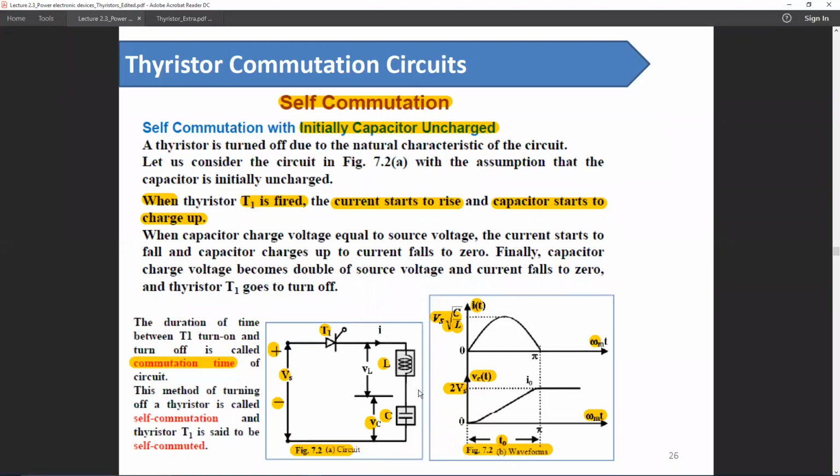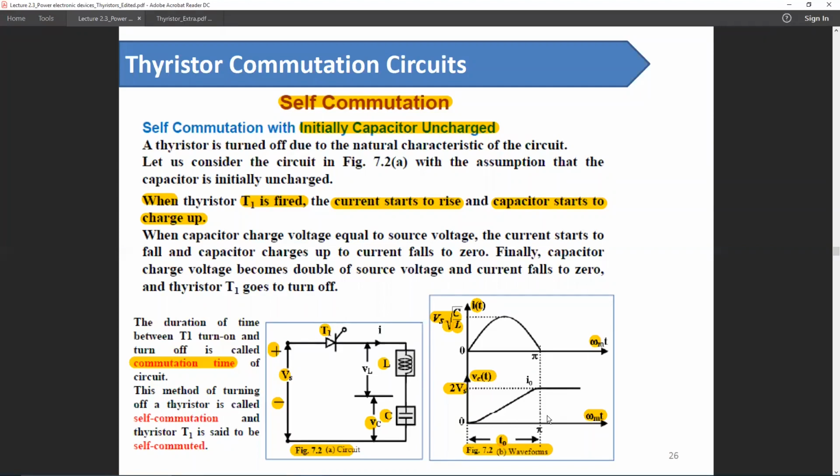If the inductor and the capacitor are chosen the right way, even when the capacitor gets fully charged, the inductor will be still pumping current. And since there is a unidirectional current device, I mean a thyristor, the current cannot go back to the source. So after the capacitor is fully charged, the inductor will still pump current through this capacitor.